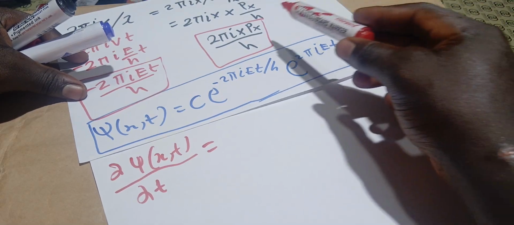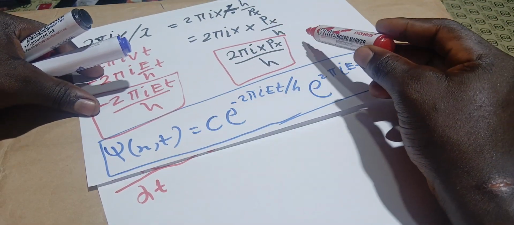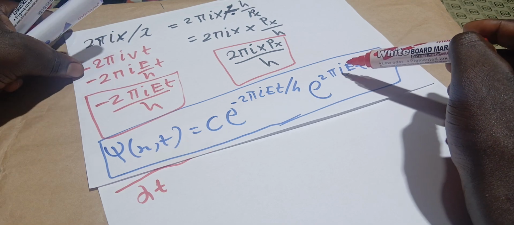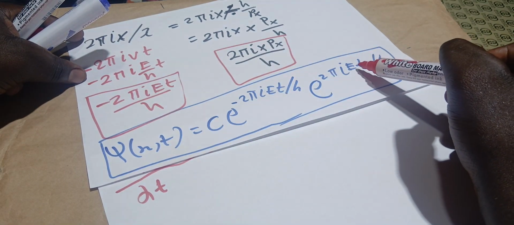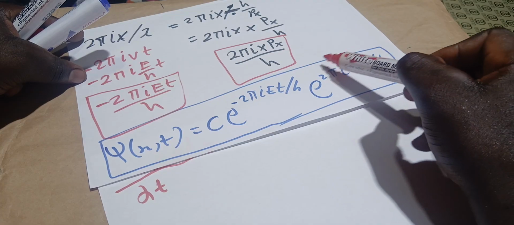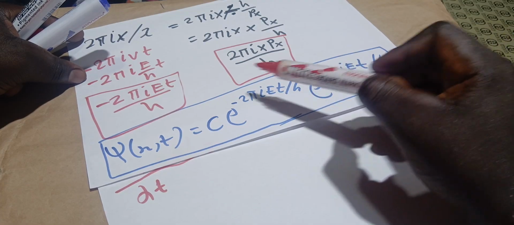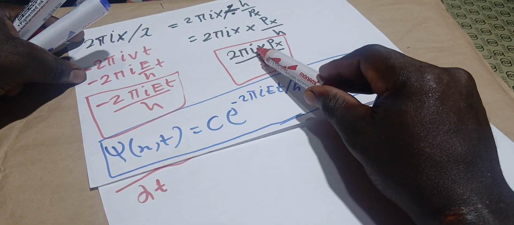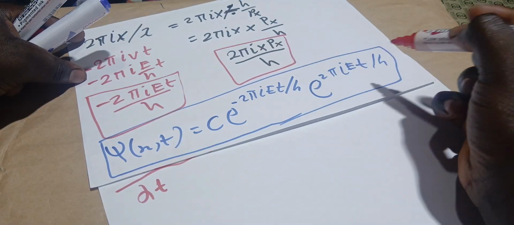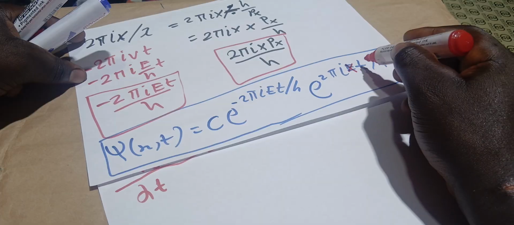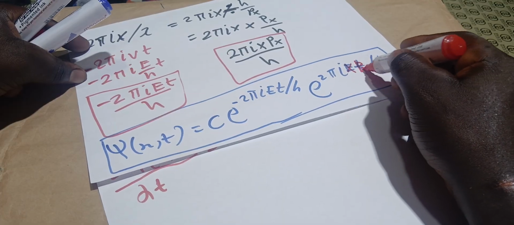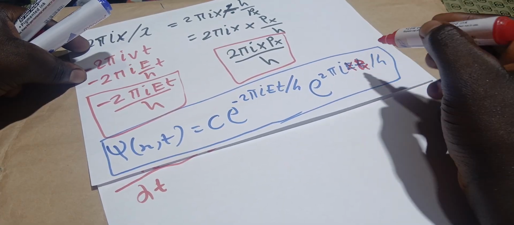Actually, we are replacing v here, right? This is the lambda part and this is the v. When we substitute with v, we shouldn't be getting this term here. You see that it looks the same. So we should be getting 2 pi i x p_x. So 2 pi i x and p_x should be here.